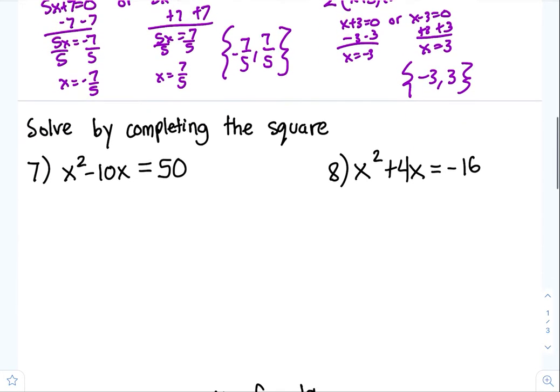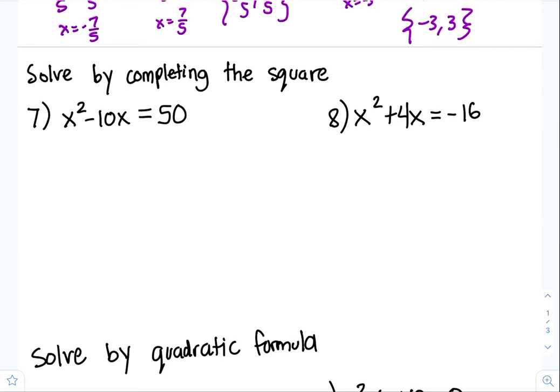Now we have solving by completing the square. What I trained you in terms of solving by completing the square is, you first have to move everything to the left-hand side so that it's equal to 0. Make sure all of your equations are equal to 0. Now you take the middle term, half it, and then square it.